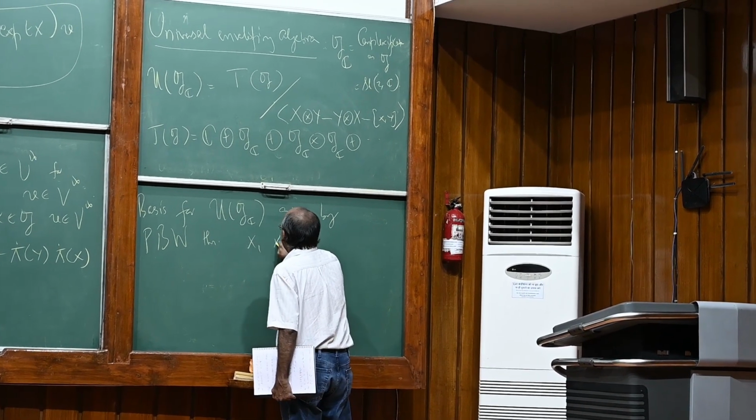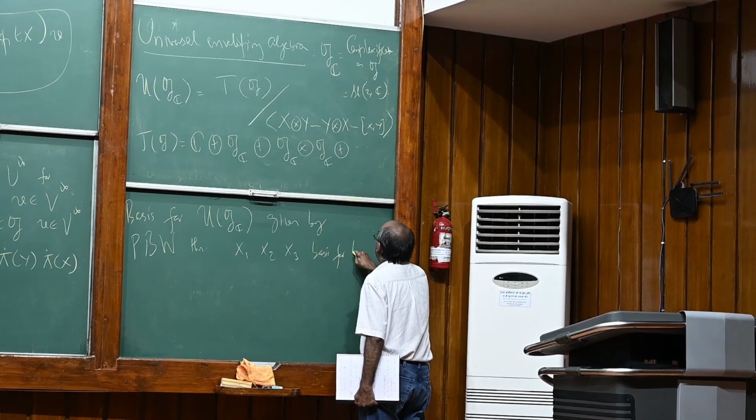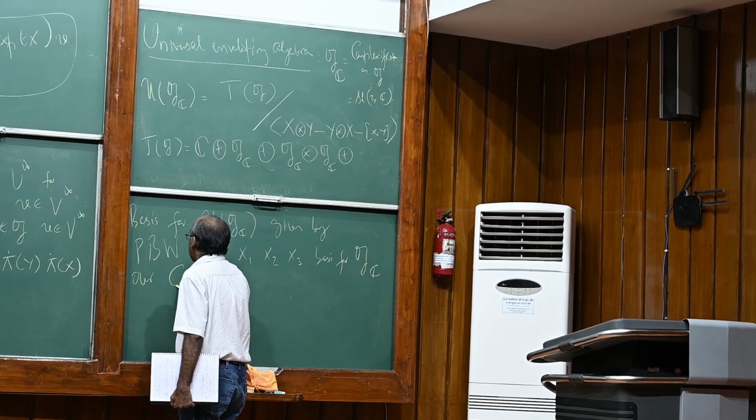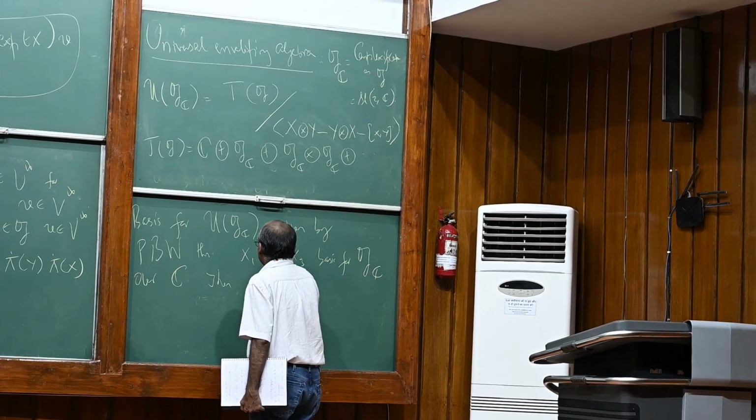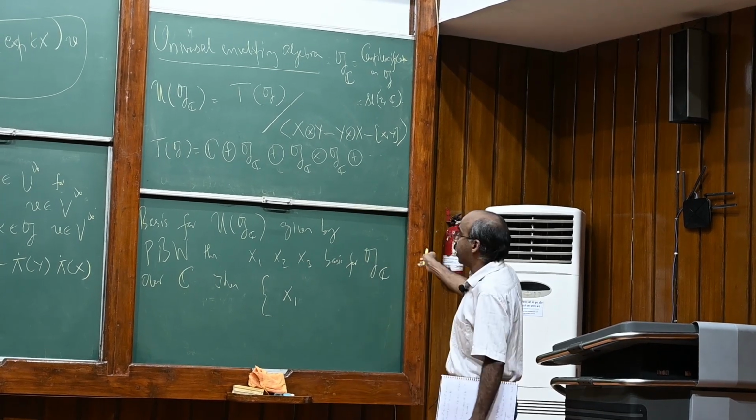Take x1, x2, x3 a basis for G_C over C. Then you look at powers in the same order.